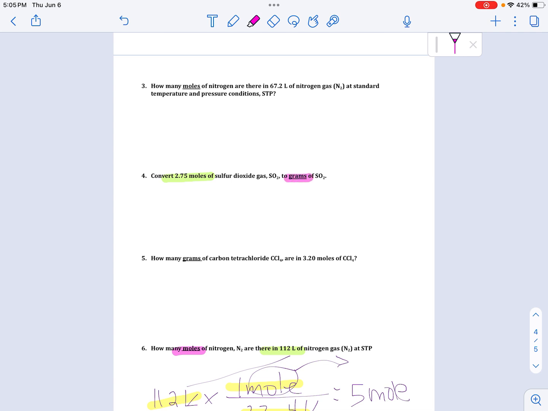So I'm going to start by writing my given to the left. And then I'm going to use the mole map to figure out what this fraction here is going to be. So notice that it's always the same pattern. The given and then this fraction.